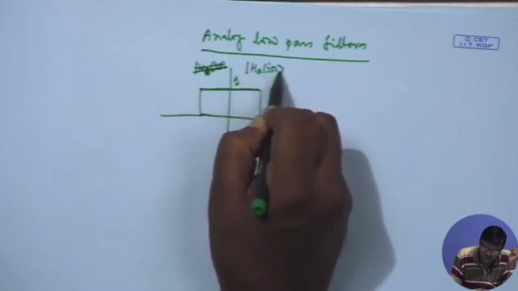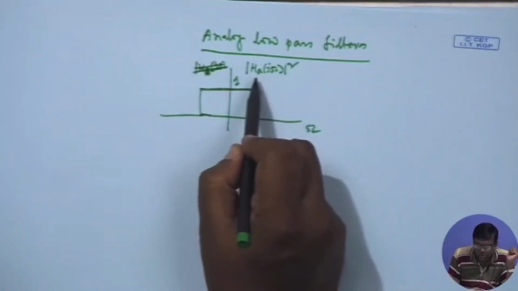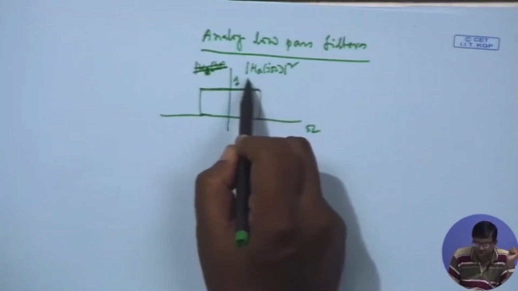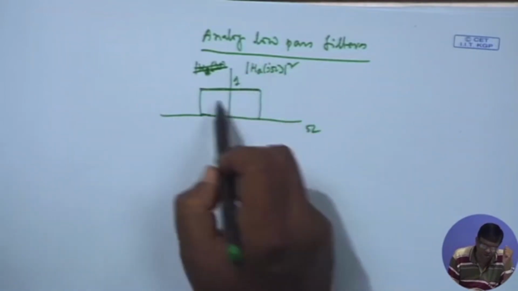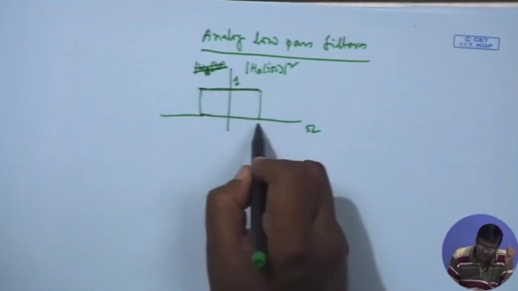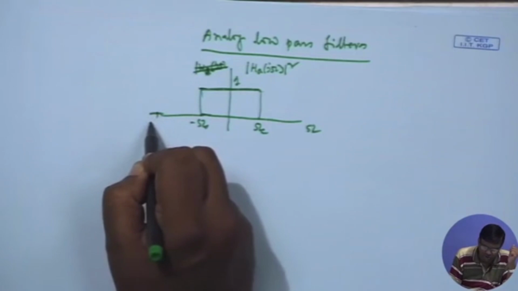So, the magnitude of the Fourier transform, that is the transfer function, the Fourier transform of the impulse response, take the mod of that, either you square it or keep it as it is. It should be flat within the pass band minus omega c to omega c. Omega c is called the cutoff frequency.